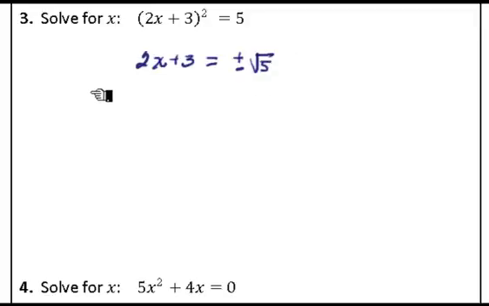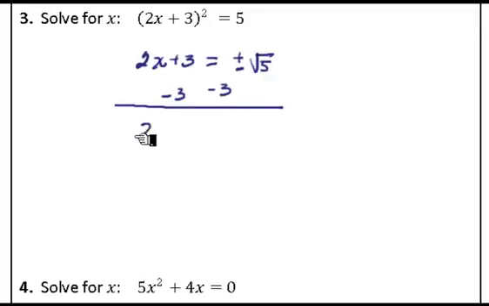Now we could write these as two separate equations, or in this case, when we have a square root on one side, we can solve by just putting the number that we're subtracting next to this plus minus. Alright, so if we subtract 3 from both sides, we'll just put it right here.